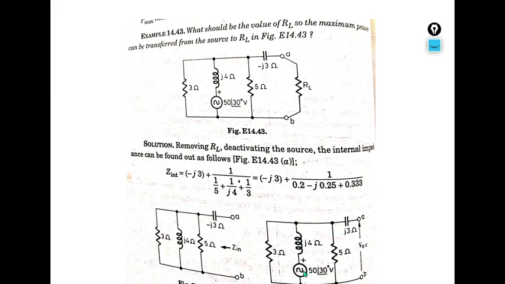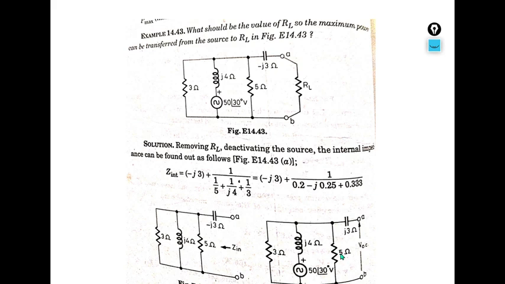So voltage divided by this Z equivalent gives the current. The current will flow through this path, and we can get the total current. Now what amount of current will flow through this path? The total current into the opposite resistance divided by the total resistance gives the current flowing through this path.